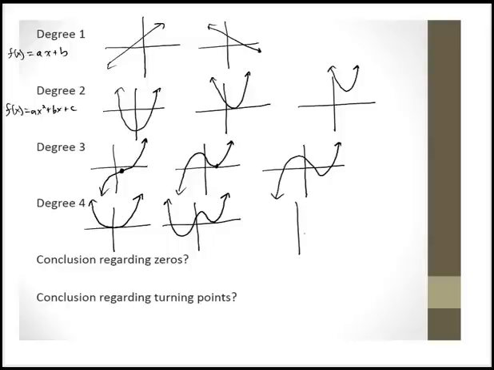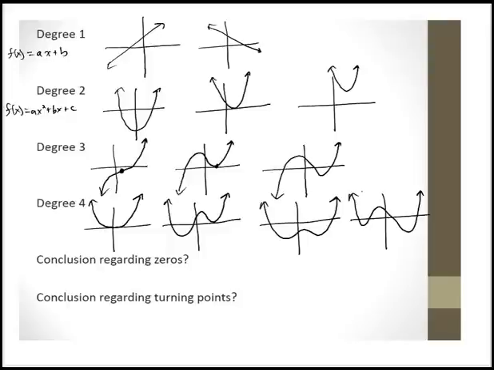And degree 4 polynomials that do this. And degree 4 polynomials that do this. And we can move them, shift them around, flip them over. We can do all that sort of stuff.